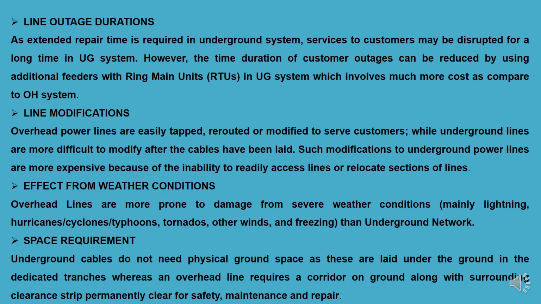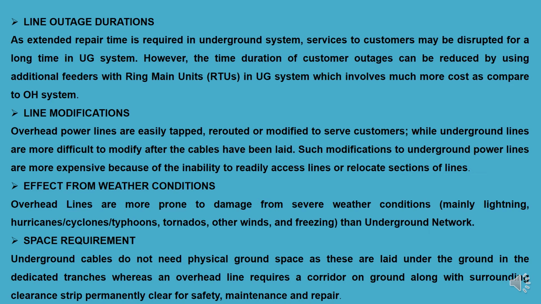Line outage durations: if the repair time required in an underground system is more, service to customers may be disrupted for a long time. However, the duration of customer outage can be reduced by using additional feeders with ring main units in an underground system, right?